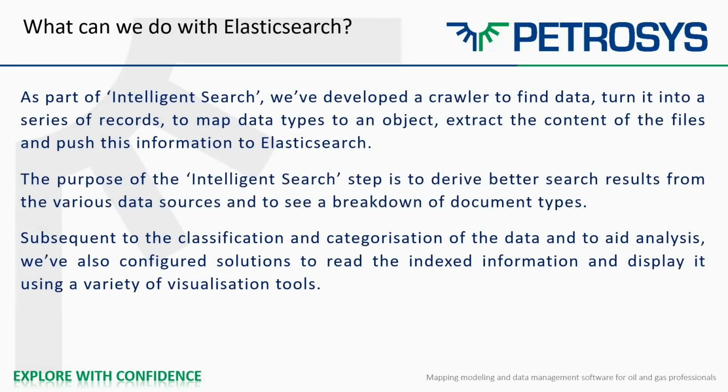Subsequent to the classification and categorization of the data, and to aid analysis, we've also configured solutions to read the indexed information and to display it using a variety of visualization tools, step 3. This is better illustrated in the following slides.